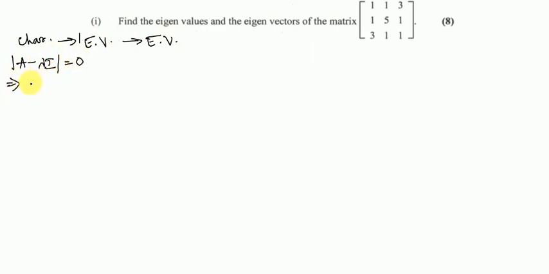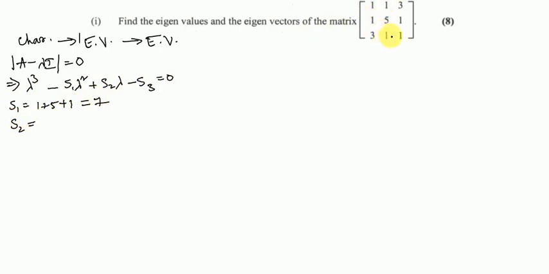The simplified form of this characteristic equation for a 3×3 matrix is lambda cube minus S1 lambda square plus S2 lambda minus S3 equals 0, where S1 is the sum of the main diagonal elements, that is 1 plus 5 plus 1 equals 7, and S2 is the sum of the minors of the main diagonal elements. The main diagonal element here is 1.